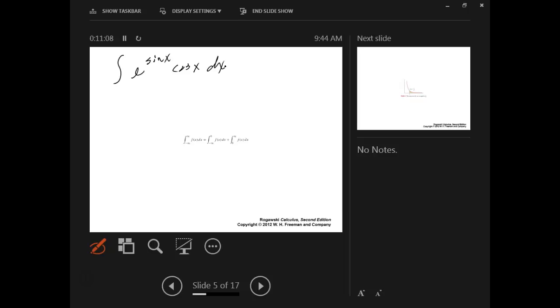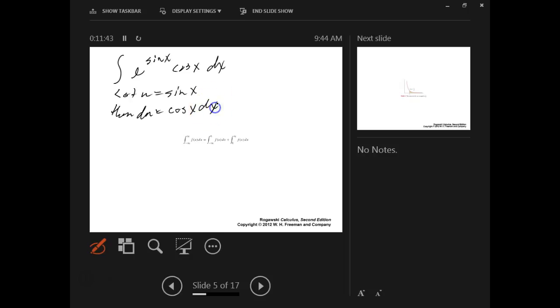Okay, let u equal sine x. Then du is equal to, oh, even the sign's right, cosine x dx.